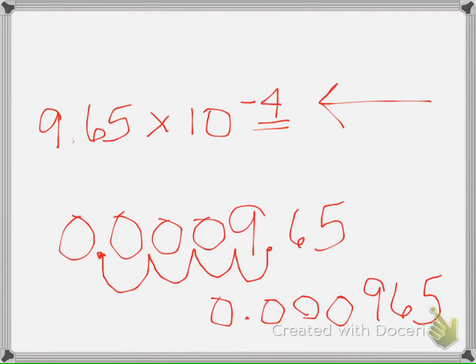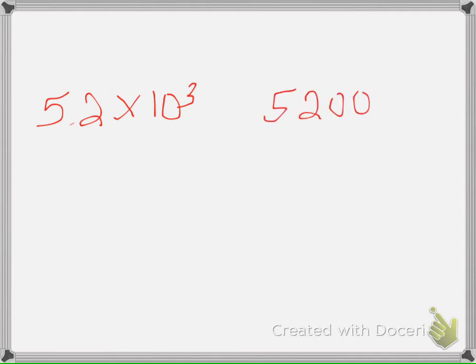So if you remember just a moment ago, we had a number that was to the positive 3, and it was a large number. So let's go back and look at that. Our first number was 5.2 times 10 to the third power, and that ended up being 5,200.